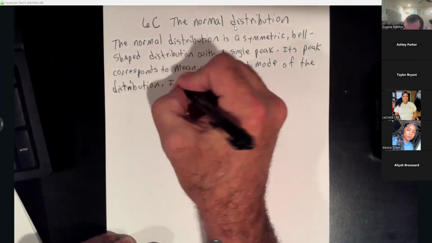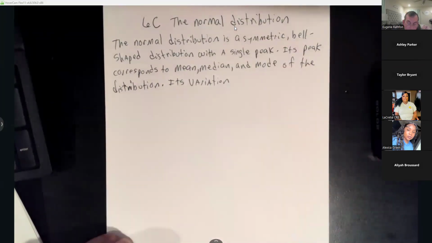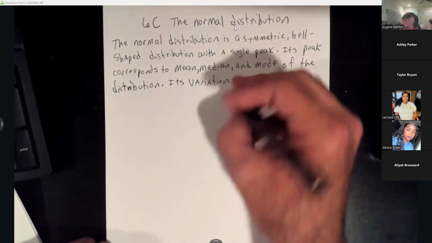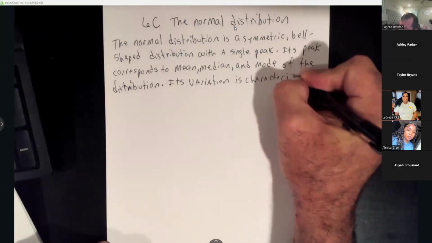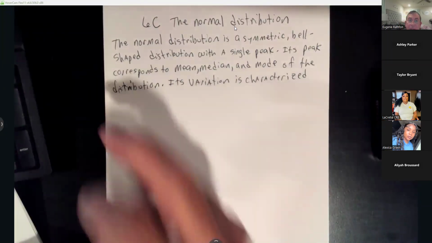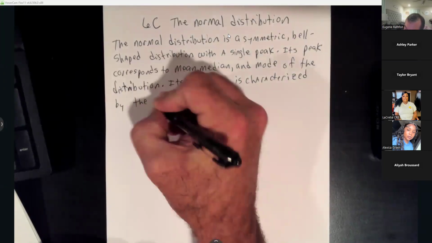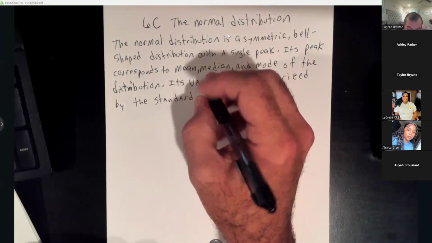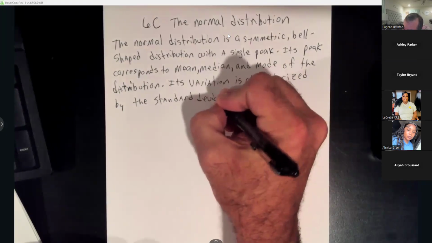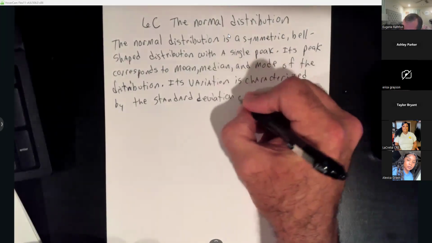All right. And its variation is characterized by the standard deviation of the distribution.